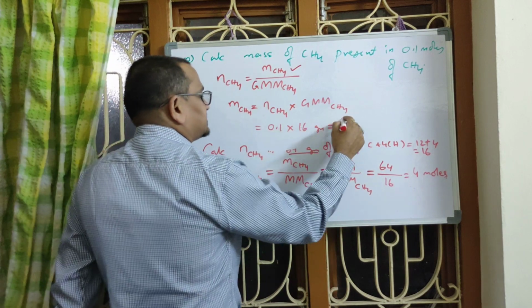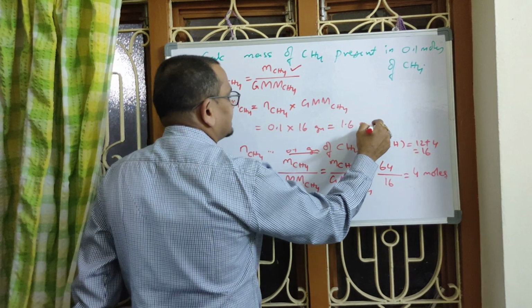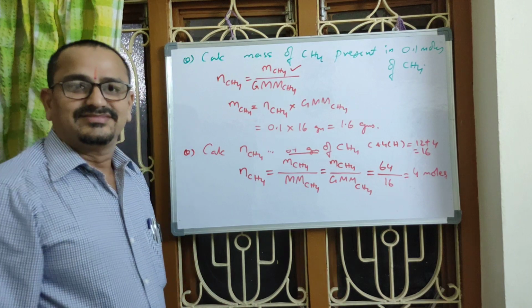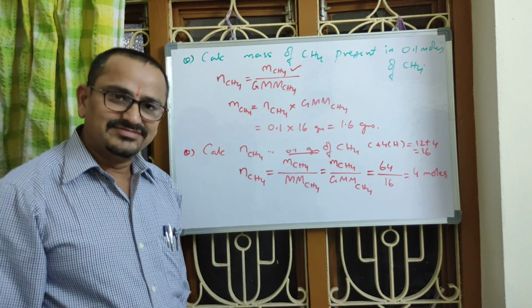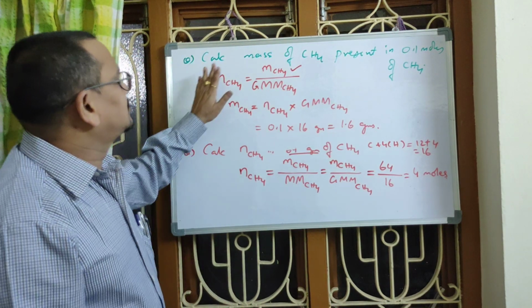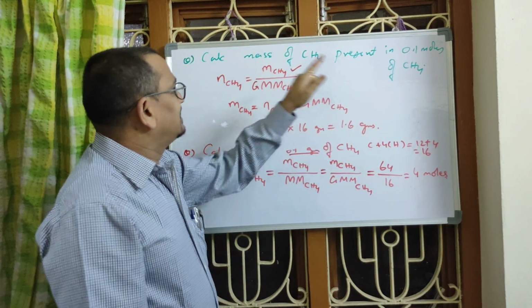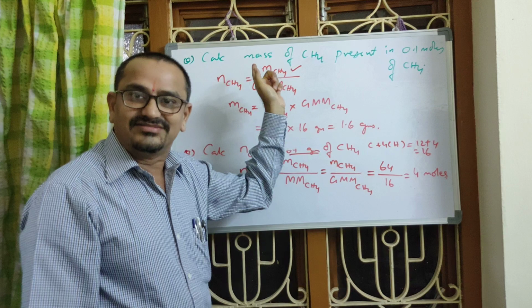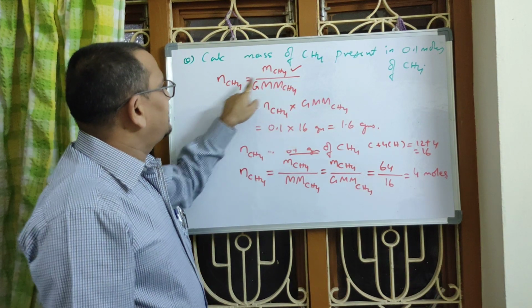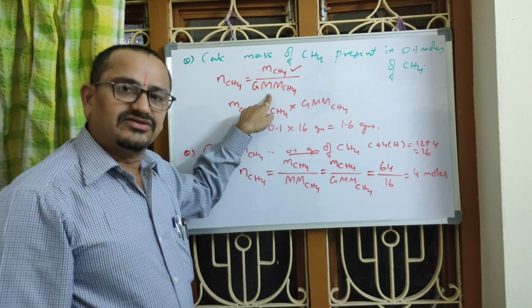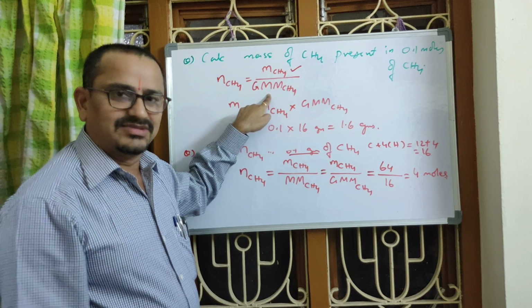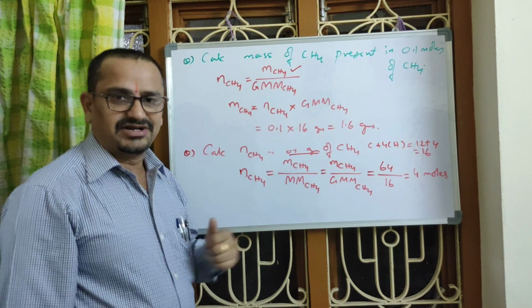So 0.1 into 16 is 1.6 grams. Is that clear? So we are asked to calculate the mass of methane present in so many moles. Again, moles and mass along with gram molar mass or gram molecular mass is the relation, so that's what we substituted.